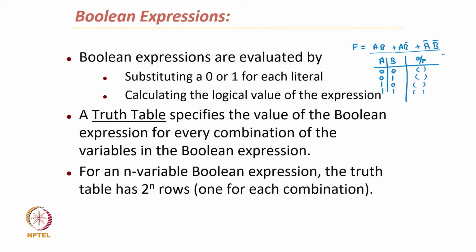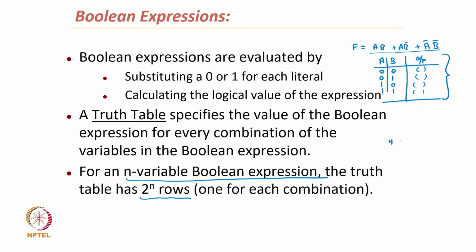When we do this exercise, this is nothing but the truth table we end up with. This becomes the truth table of that gate or the Boolean expression we are implementing. And as we discussed, for an n variable Boolean expression, in the truth table we have 2 to the power n rows, one for each combination.